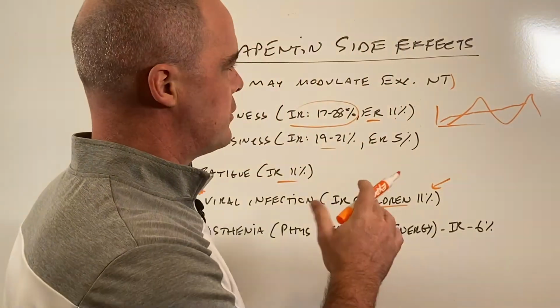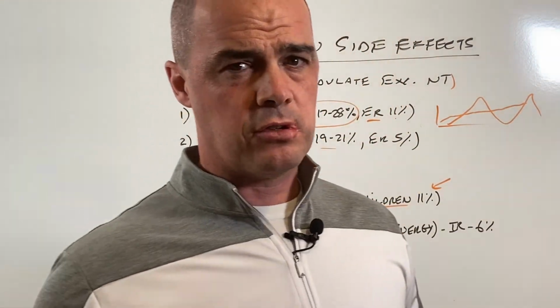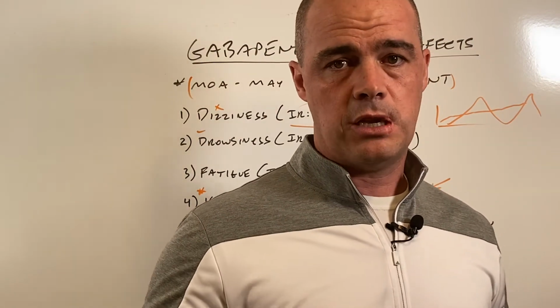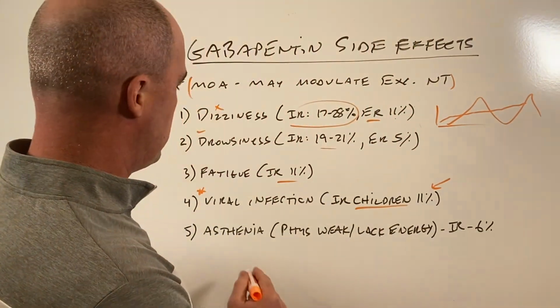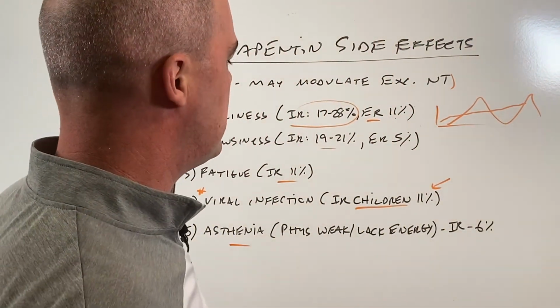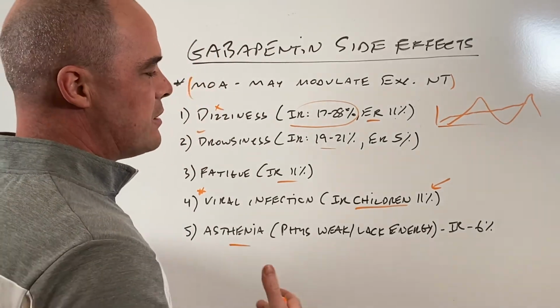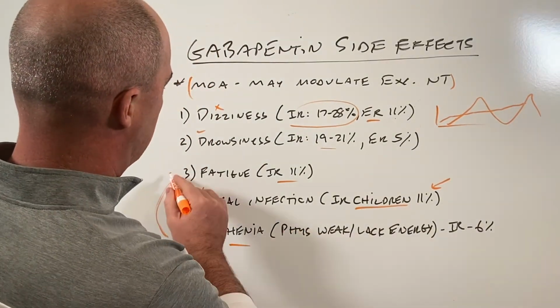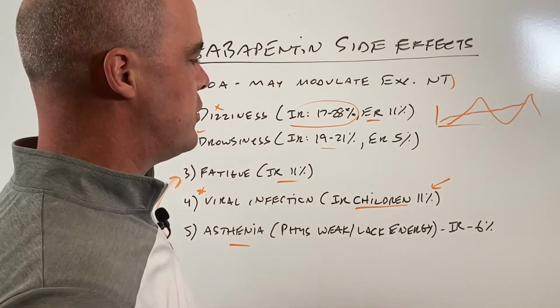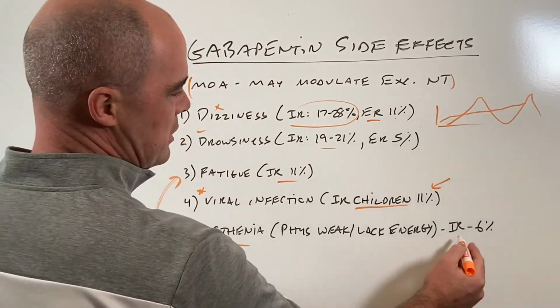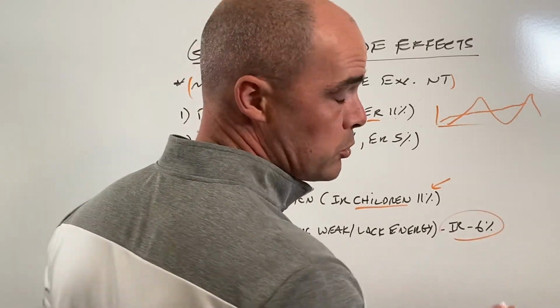Based off the mechanism of action, it wouldn't make total sense to see that, but it is something to keep an eye out for. And then we have asthenia, which is basically physical weakness, a lack of energy. It kind of comes back to this fatigue, I would say. But again, immediate release, we see 6% incidence.